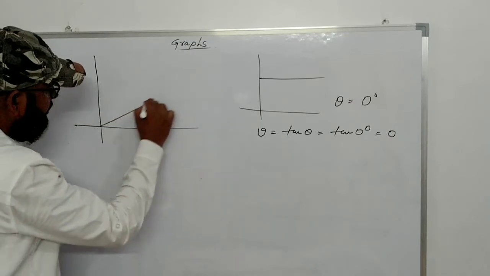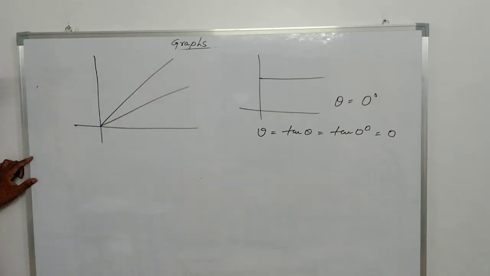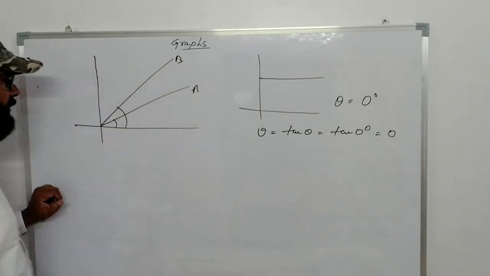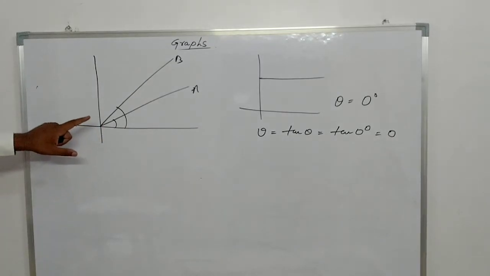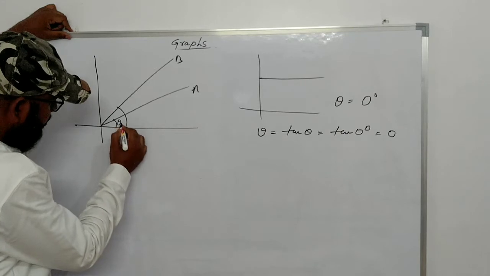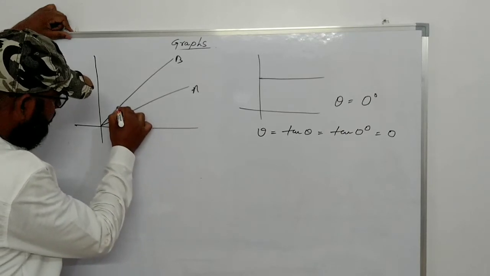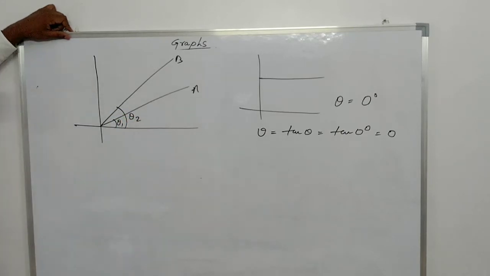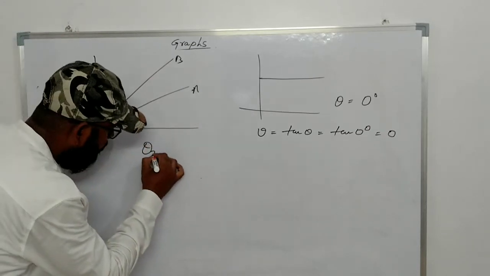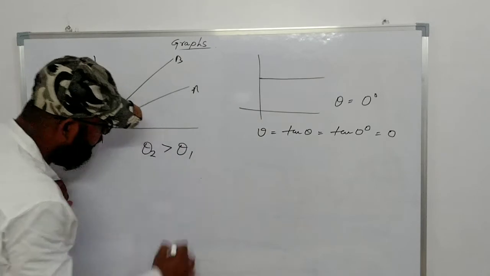Okay, now see the second diagram. Suppose the second diagram is like this. You can give any names. Suppose this is line A, this is line B. This is theta 1, and the second one is theta 2. Now here theta 2 is greater than theta 1.